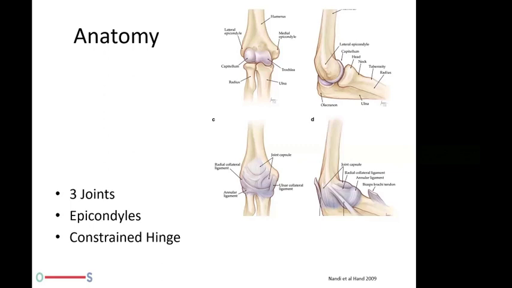All these are within one synovial articular capsule. The soft tissue boundary of the elbow joint is the articular capsule, which is weaker anteriorly and posteriorly, but medially and laterally it has well-defined ligament complexes.